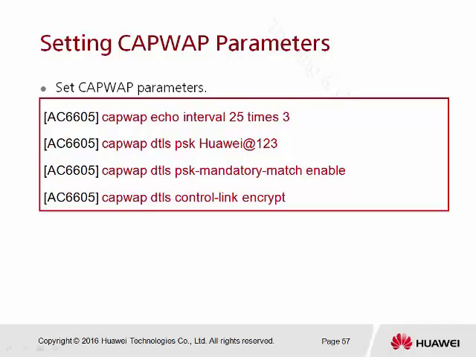Okay, the interval time and also the PSK. So for the DTLS, the PSK we can set our own pre-shared key from here. Okay, this is an example, they're using Huawei@123. By default, it's not going to be enabled for you. So we have to use the same command, dtls psk mandatory match enable. And the last one, do the encryption for the controlling.